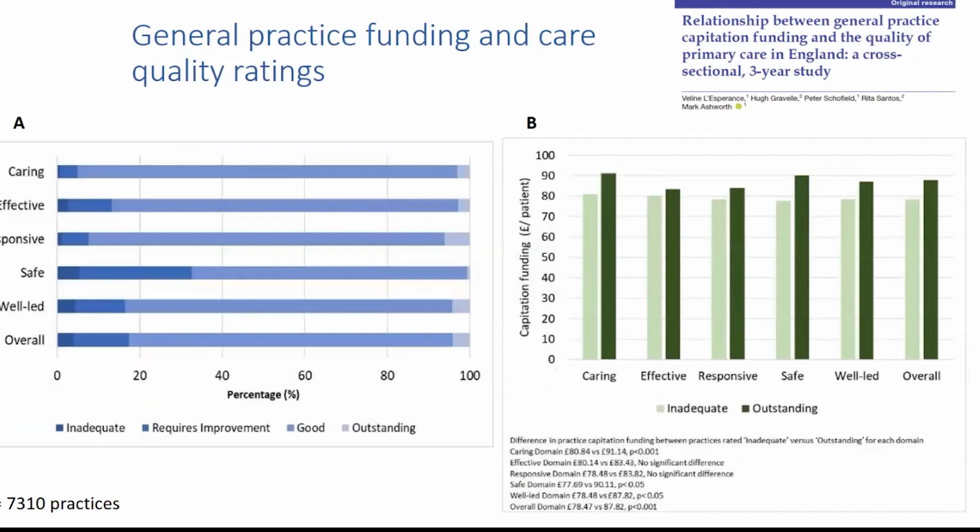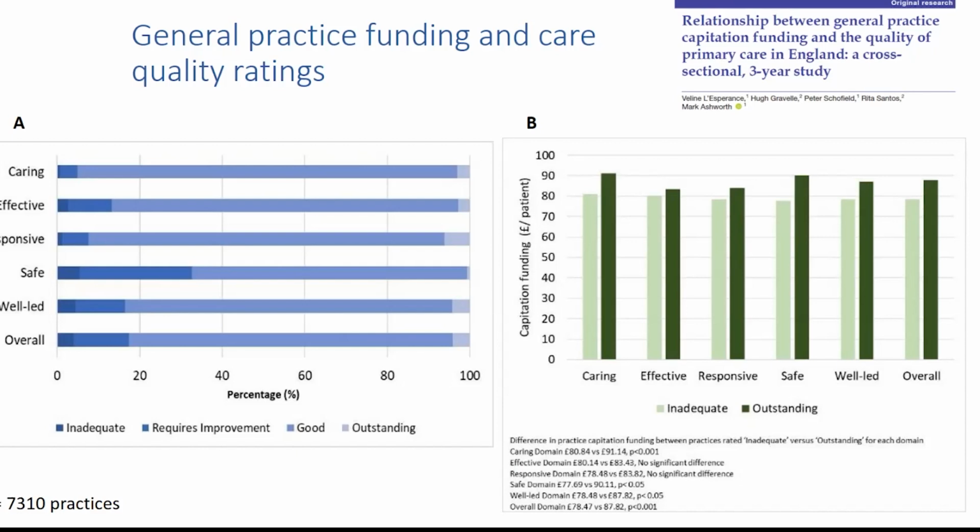To explore the relationship between general practice funding and quality ratings, we looked at 7,310 practices over a 3-year period. On the left, we show the distribution of ratings across each quality domain in figure A. About 79%, like I said before, are rated good, while about 4% achieve outstanding. The inadequate rate varies across the different domains, ranging from about 1% in the caring domain to 6% in the safety domain, and about 4% overall.